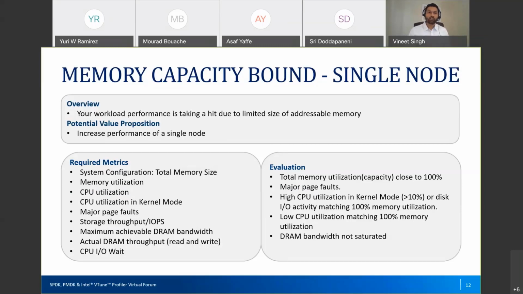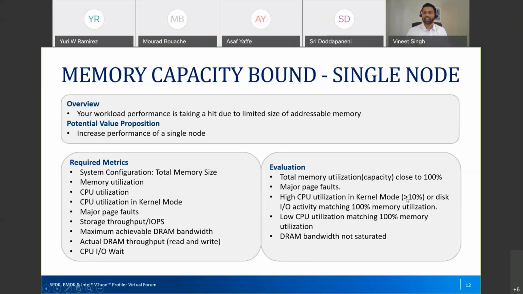Here, what we are trying to find out is, are you memory capacity bound, and is that behavior actually hitting your performance? The first step is, are you using the available memory fully?